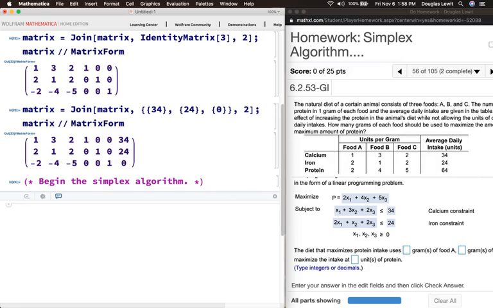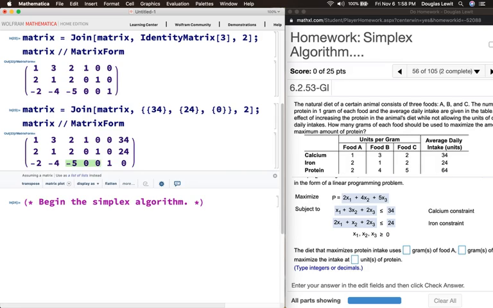So how do I do that? I look over here and I ask myself, what's the most negative number? The most negative number is -5, and it appears in this column over here. Okay? So then I have to look at these values over here, the 34 and the 24.